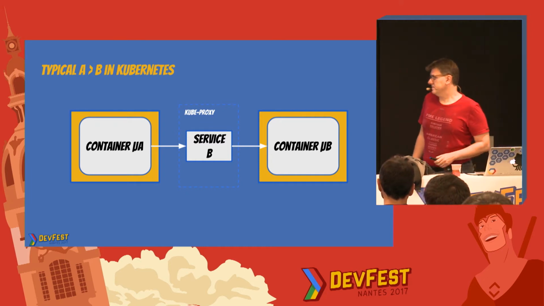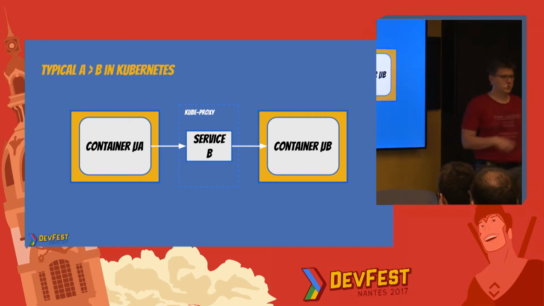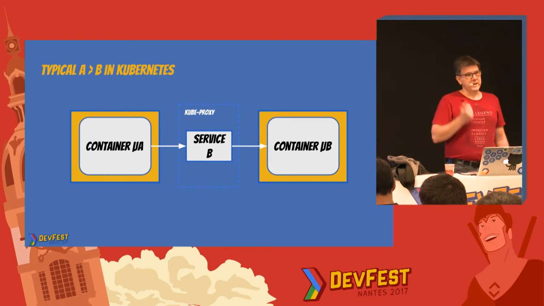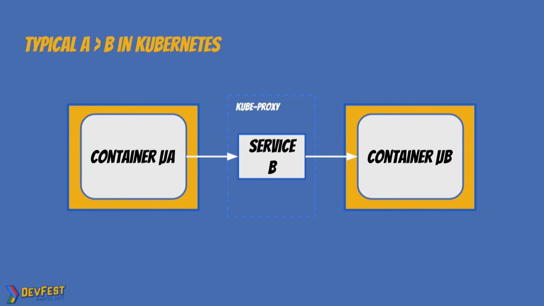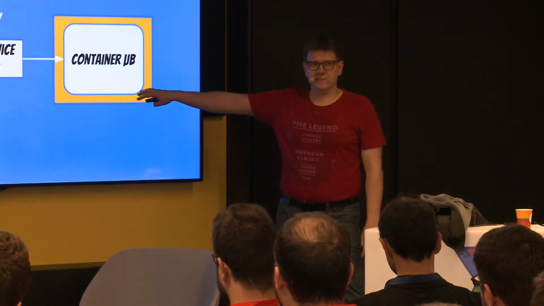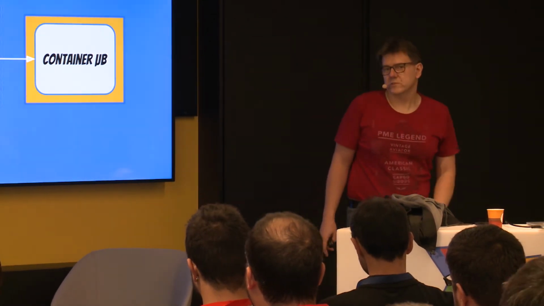So the container does a DNS call for B: where is B? It gets an IP address within your cluster, and that is the service kube proxy. You do your call to the proxy, which says, okay, I have 10 instances of this, and I'm just going to round robin the call to one of those instances.